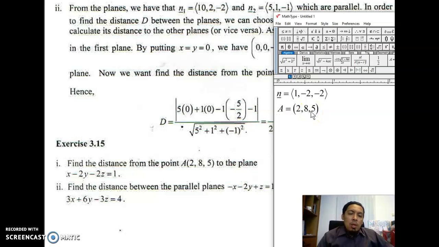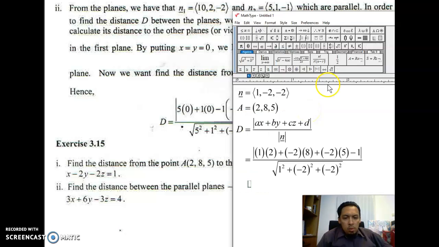Okay. Now let's substitute all of this in our formula of D. So just substitute this formula. A, B, and C is for 1, -2, -2, and x, y, and z is for 2, 8, 5, and then the same for D. Right?